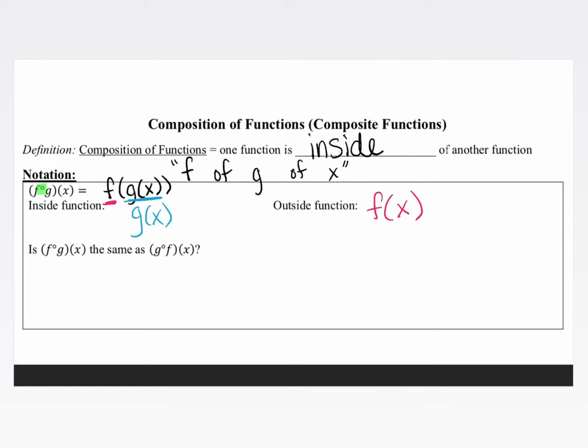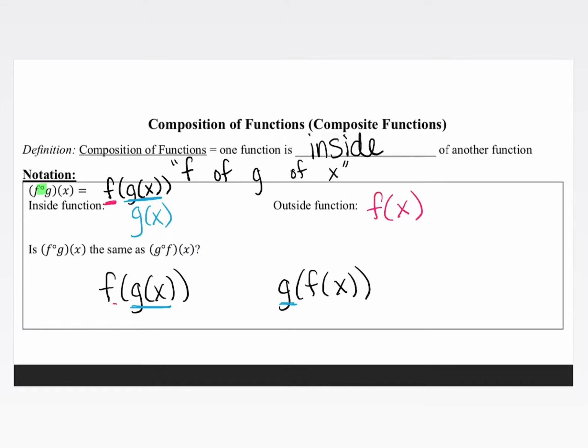Now, a quick question. Is f of g of x the same as g of f of x? So we can rewrite this as f of g of x and g of f of x. Now here on the left-hand side, g of x is our inner function, but on the right-hand side, g of x is our outer function.